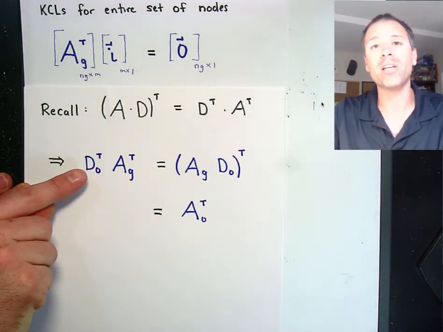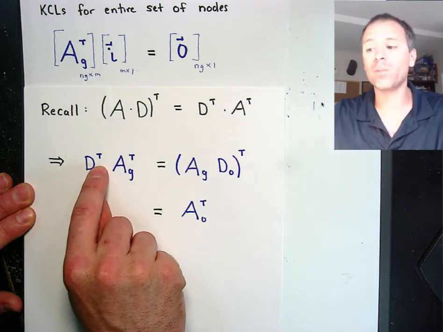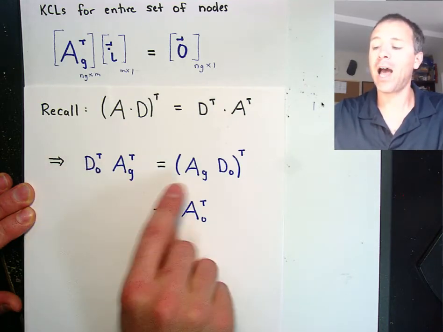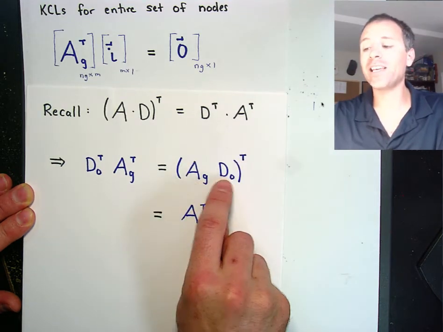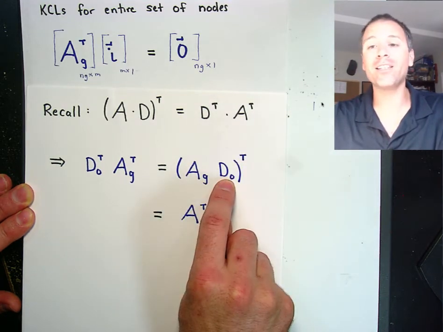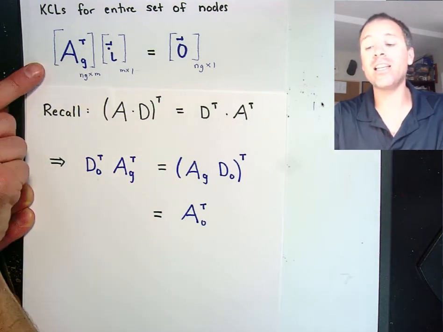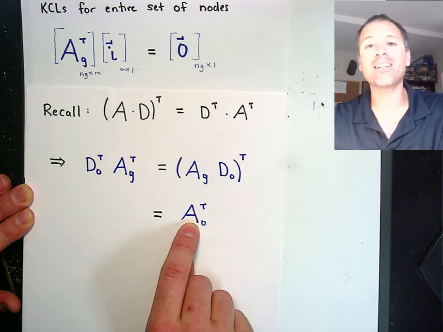Left multiplication manipulates rows by the grounding matrix transpose. But when I multiply on the left by the grounding matrix transpose, I could swap them and take the transpose out. This matrix on the inside is the grounded incidence matrix, and thus, when we're stating the grounded KCLs, deleting the proper row of this thing, I actually get a version of that exact grounded incidence matrix that I've seen in my previous steps.